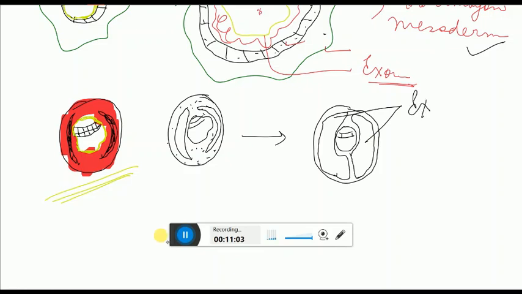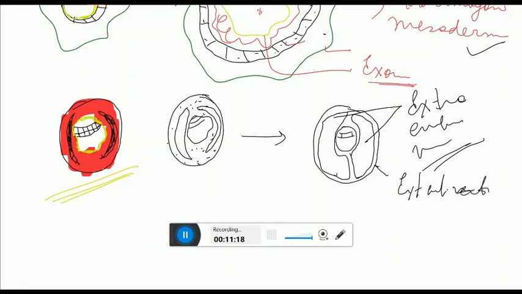These are called extraembryonic mesodermal coelom. This was our extraembryonic mesoderm, sorry, ectoderm. This is our extraembryonic mesoderm.